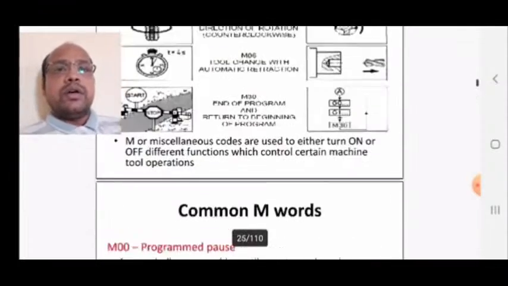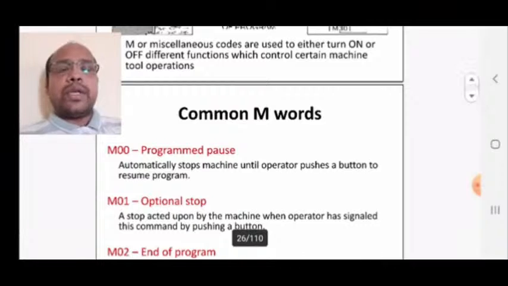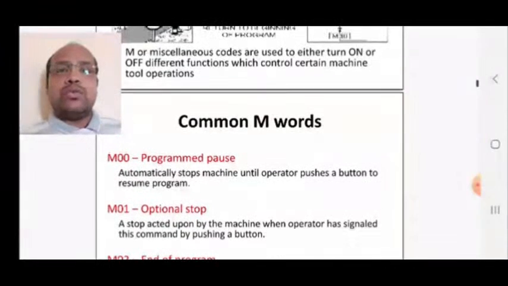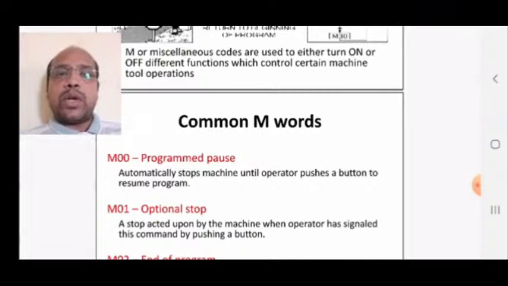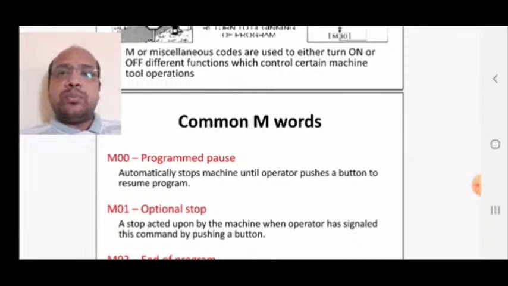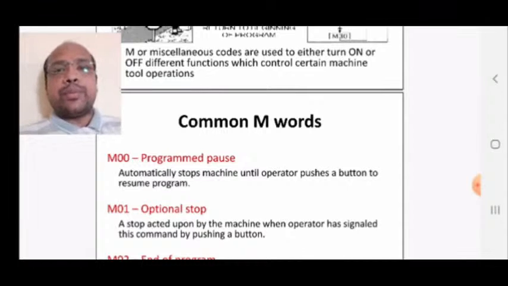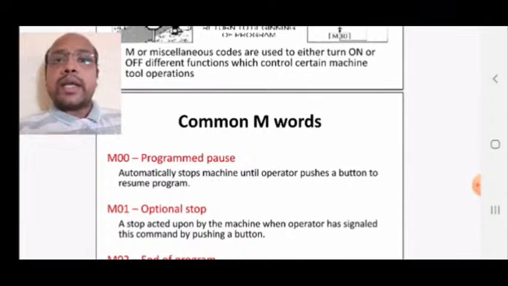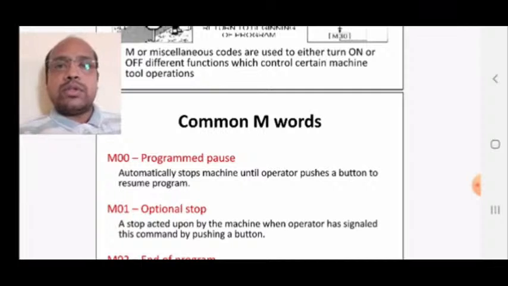It is different types of M codes that are used basically in a part program. First is the M00 code, that is program pause. Whenever you want to pause the machining operation, that is, you want to pause the execution of the program, you have to insert M00 code.